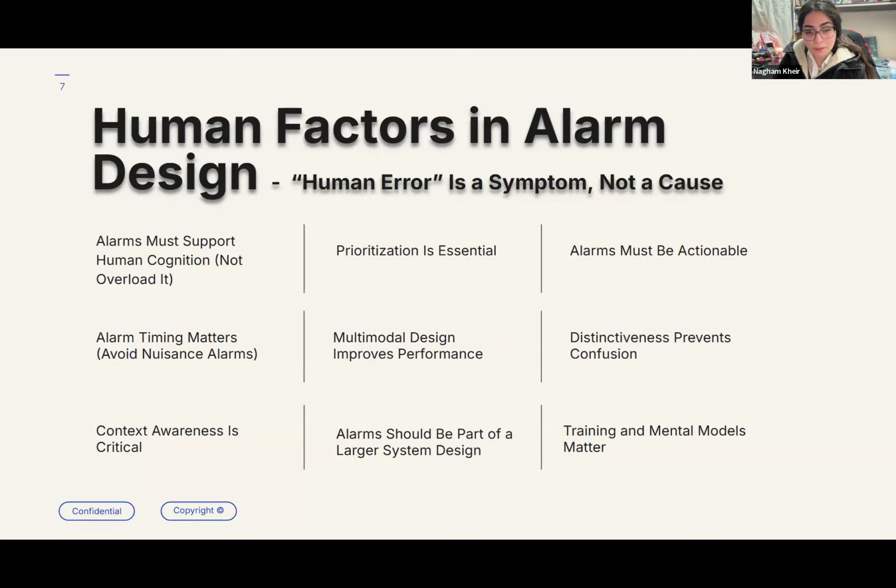So, when nurses are in these situations and their mind is flooded with too many things, in addition to the alarms, they have something to reference and rely on, so they can know the correct action that they can take in the right moment.